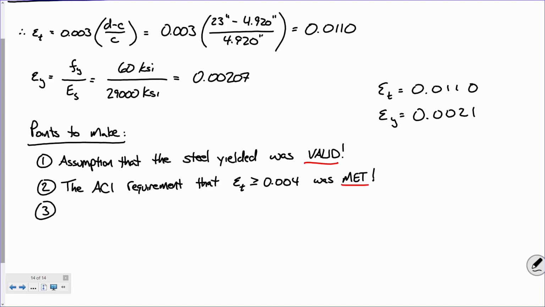Now, let's see if you all can see where I'm going with this. The tensile strain is larger than 0.005. Therefore what? What does that mean? Why do we care about that? That it is larger than 0.005.